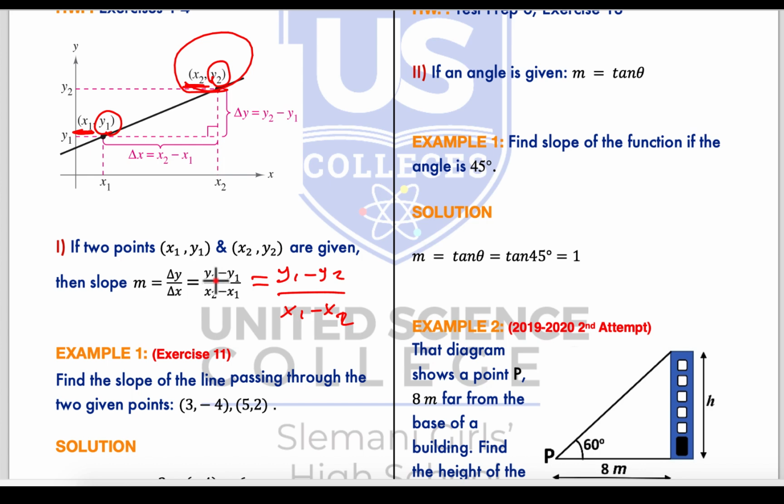Starting with the second point here, you have to start with the second point here too. But if you start with the second point for y, you can't start with the first point for x. That's not true. You have to follow the order. Either start with the second point for both or start with the first point for both. So that's the first way, first type of question. Knowing 2 points, the formula is change in y over change in x.